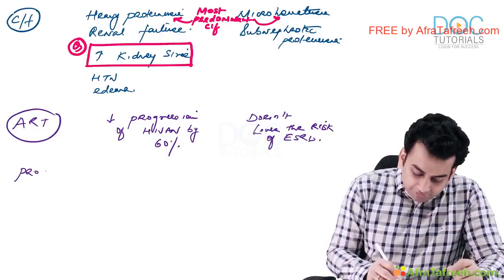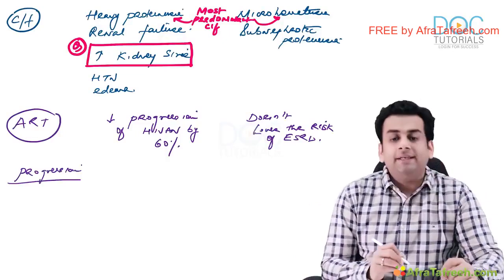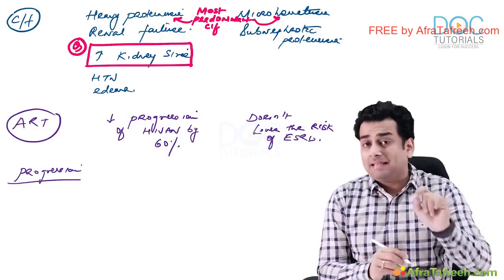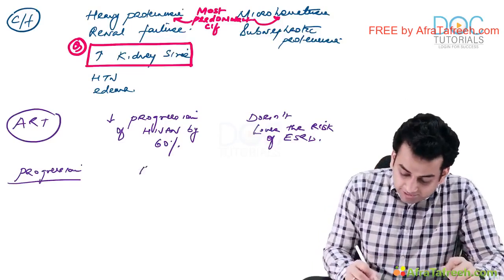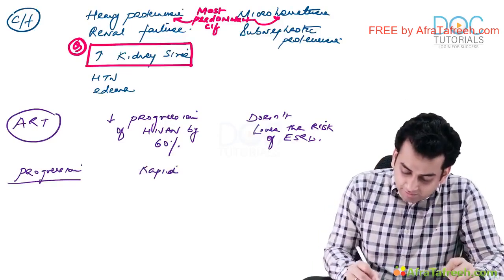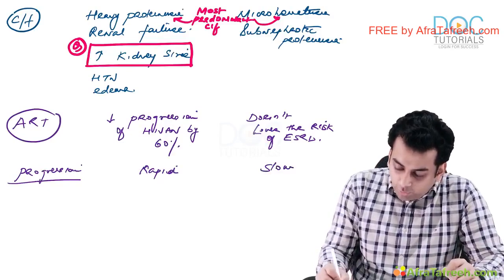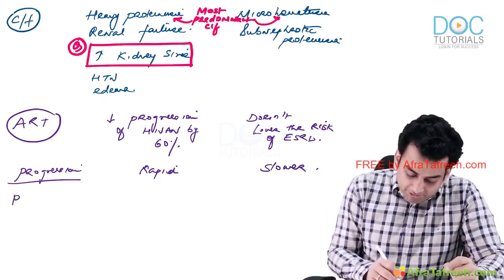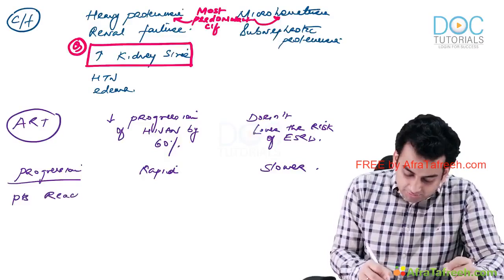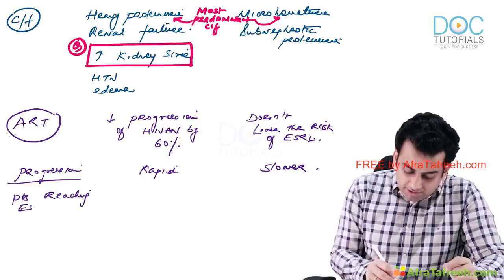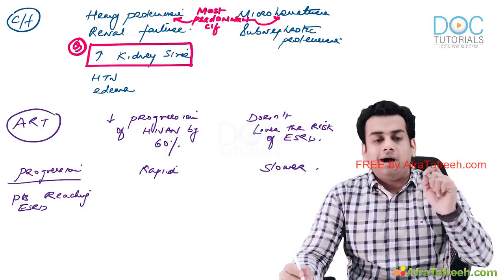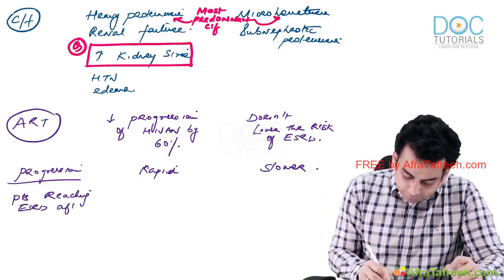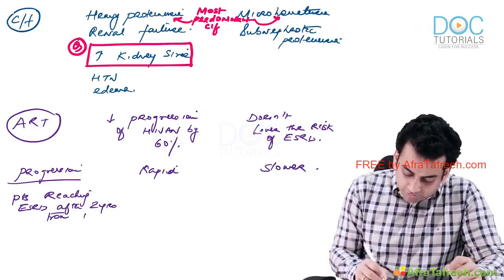Coming to progression, HIVAN is a very bad disease. The progression is rapid in HIVAN, but it is slower in HIVIC. Now, patients reaching end stage renal disease after 2 years from diagnosis.